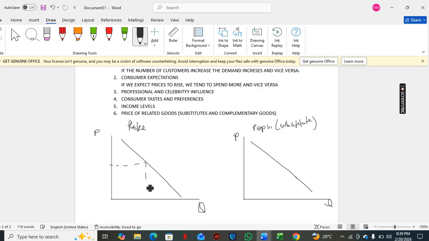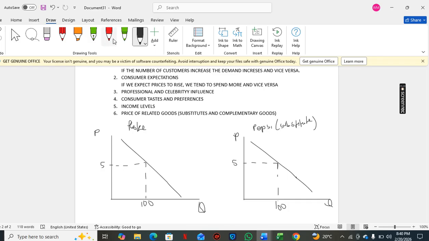Theoretically, this is the market for Coca-Cola. It's priced at 5 kwacha, and maybe 100,000 units are being sold. Here's the market for Pepsi. Pepsi is also being sold at 5 kwacha, and say they are also selling 100,000 units like Coca-Cola.